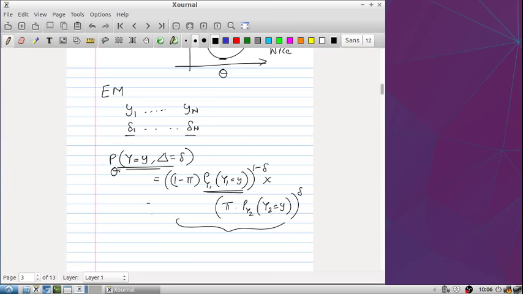This depends on theta. Theta is that 5-dimensional vector with pi, mu1, mu2, sigma 1 square, sigma 2 square, right? If you observe both, you would maximize the log of the left side, which would be the likelihood term, because you observed both y comma delta pairs.